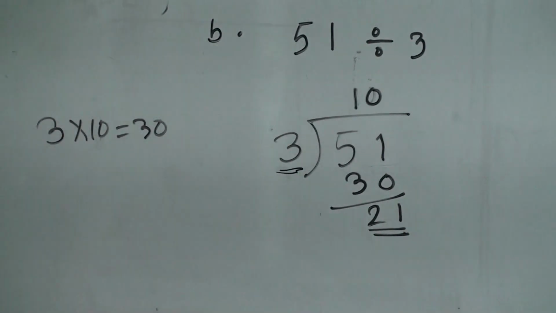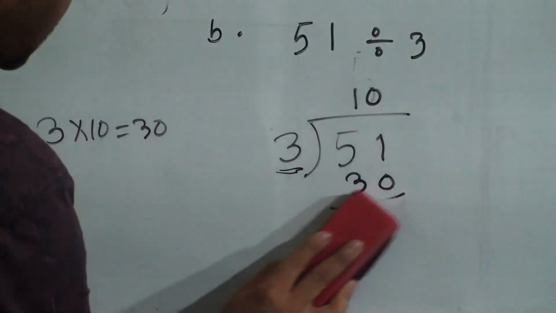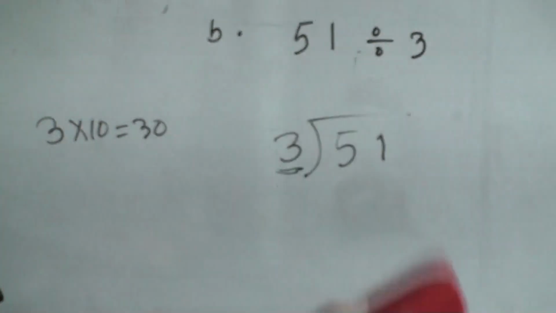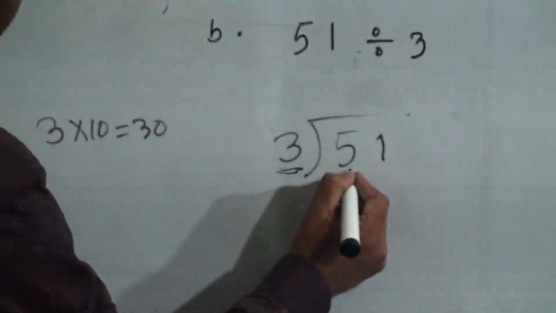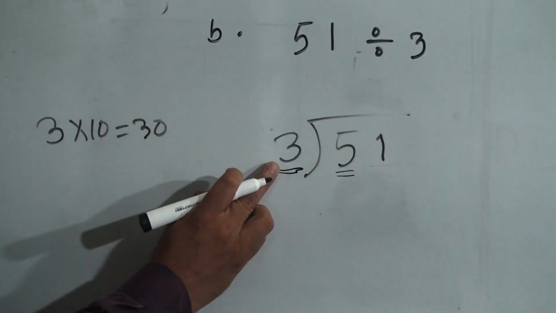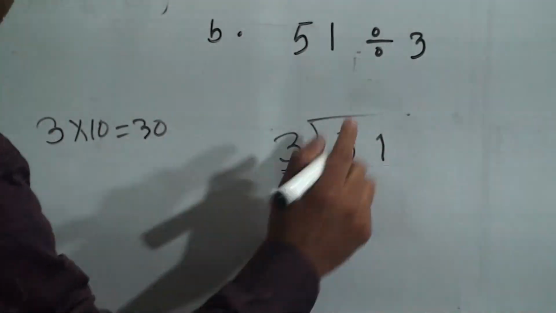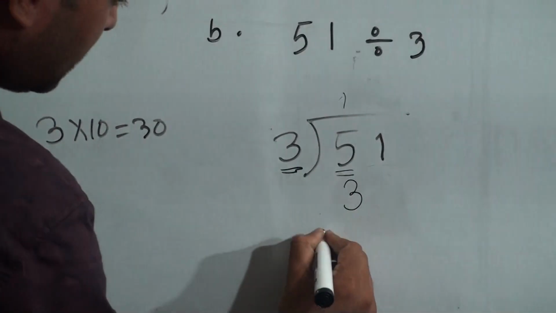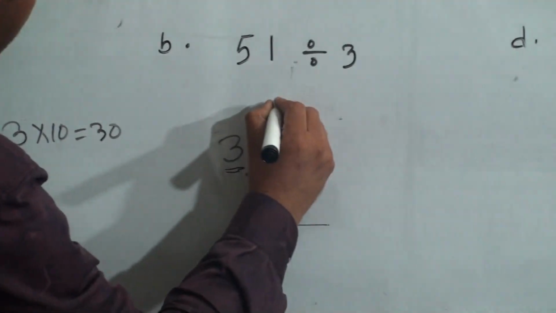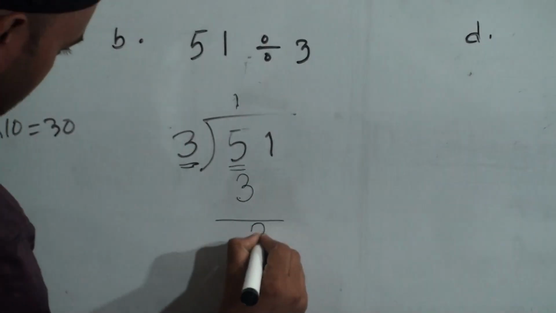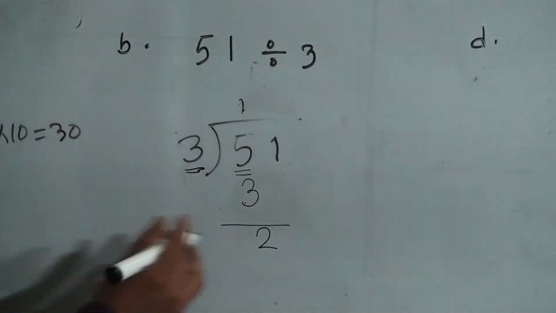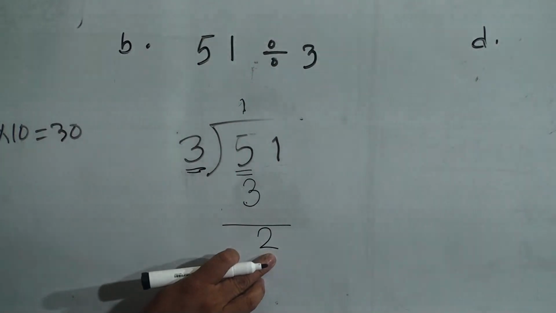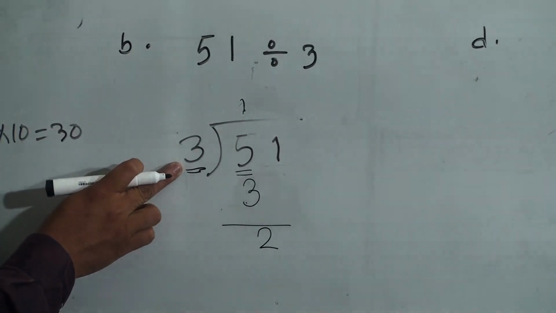So first of all you have to select the first digit 5. Now how many times does 3 go into 5? 3 ones are 3. Then subtract 3 from 5, it will be 2. Now look here, the remainder 2 is smaller than the divisor.